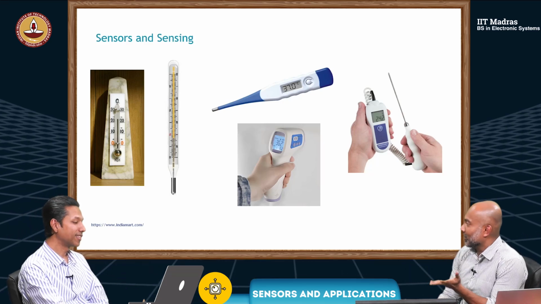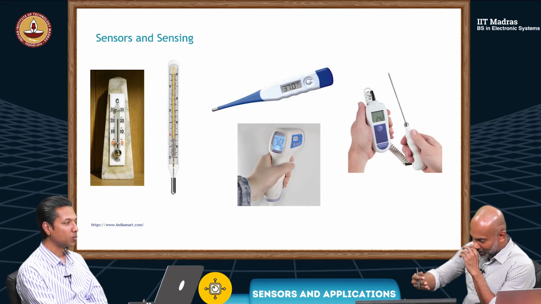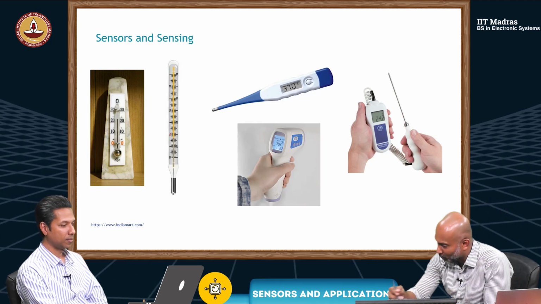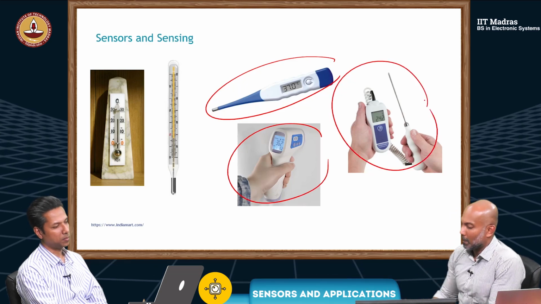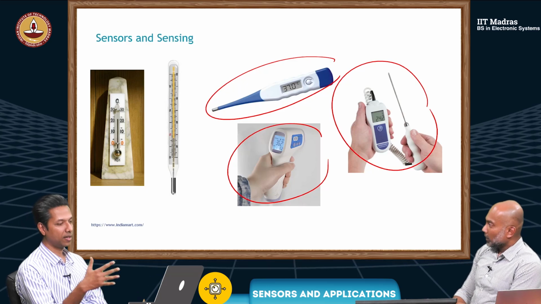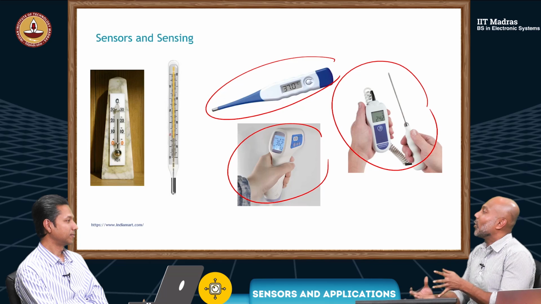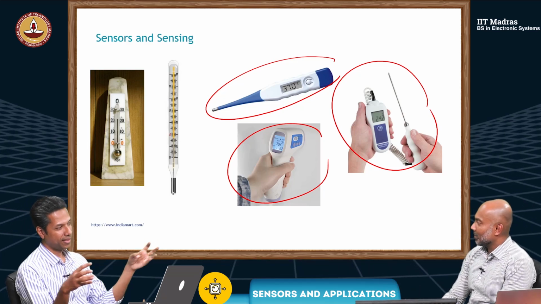But what do you see here, compared to the earlier one, taking into account what we just talked about? These somehow sense the temperature and display a digital output. So there are things going on inside this. Those blocks that you showed in the previous slide are there inside.